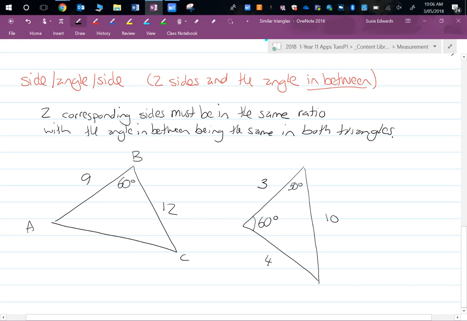Now, I've given you extra information in this one than what you actually need. But they will often do that as well because they want you to actually be able to work out which one should be where.